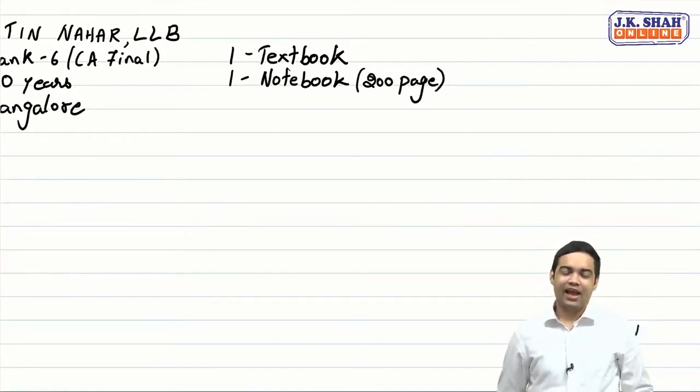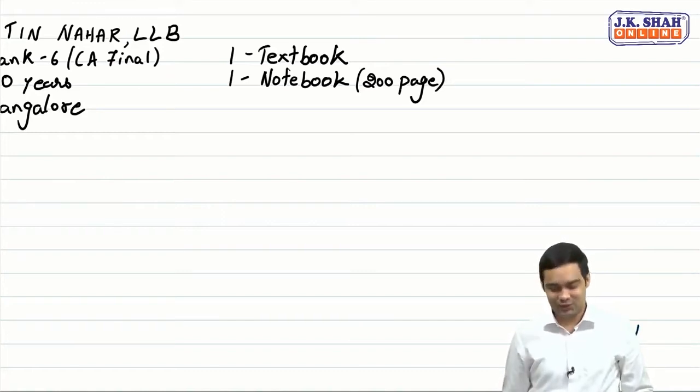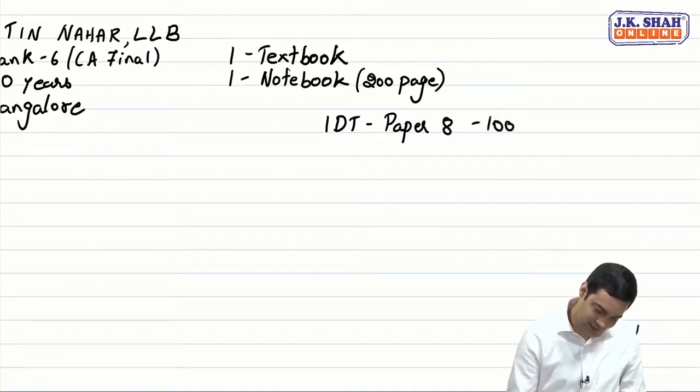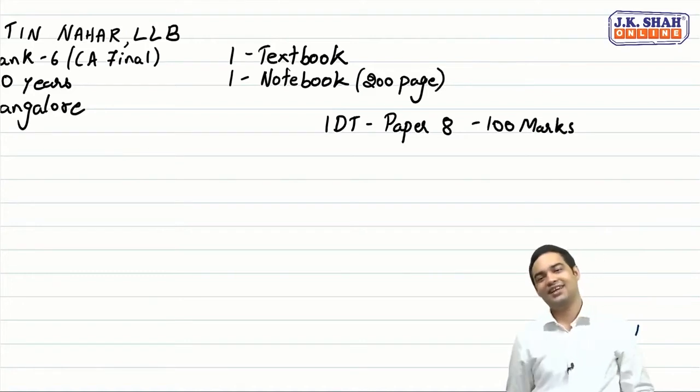Now, going forward and discussing how the paper pattern looks like, paper 8 spreads for 100 marks. And this 100 marks is divided into two subparts.